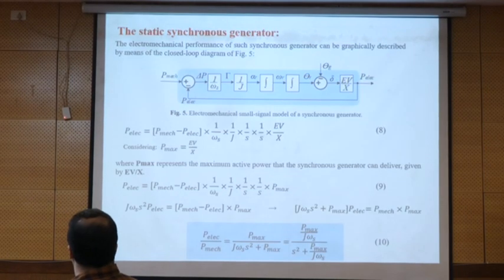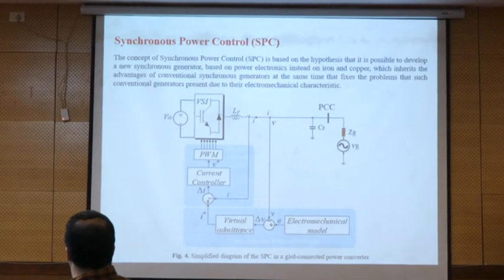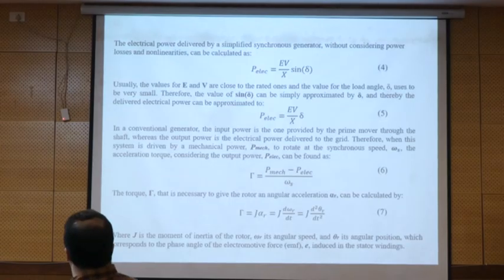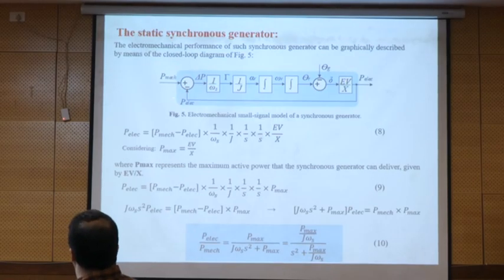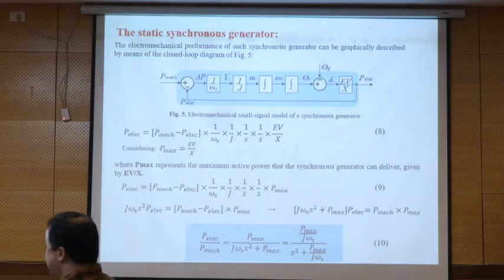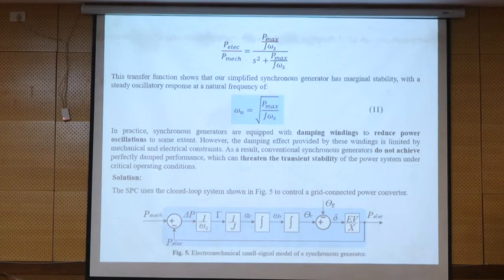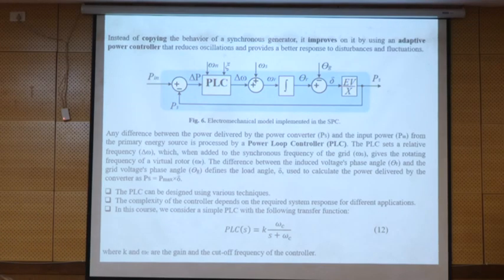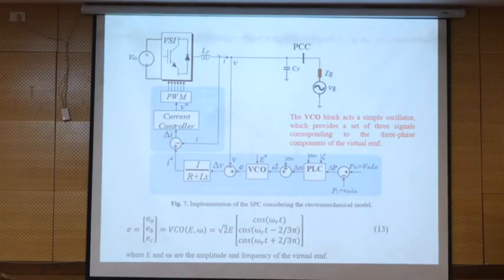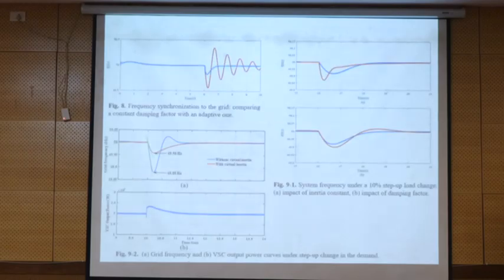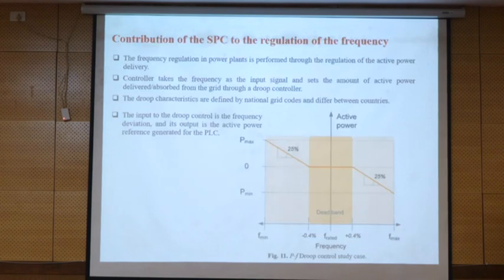In the control, we go one by one, start very basic, model the system of the converter-based synchronous generator, and then see how we can provide active power and reactive power like a synchronous generator to provide stability of the grid and increase the strength of the grid by injecting inertia to the grid.